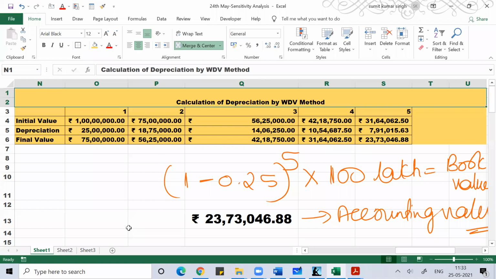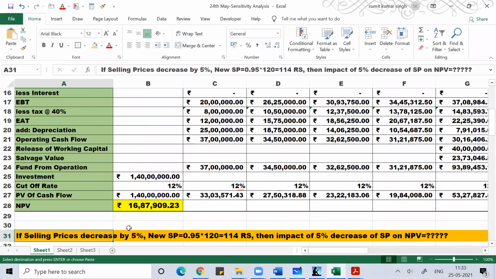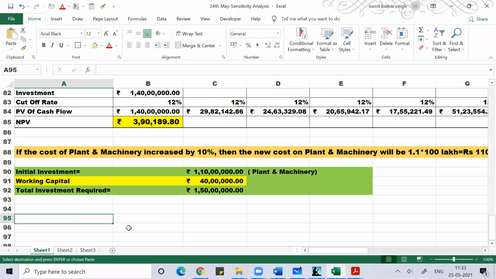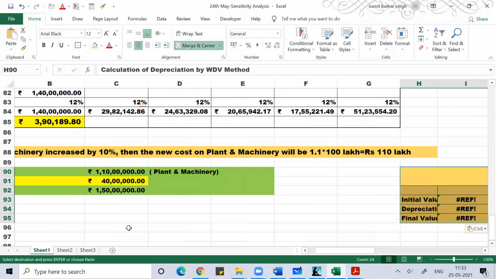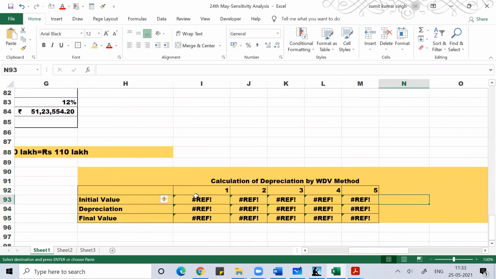You have to make it again. Copy that. I have to make this table again. If I make this again, you are getting this error. Excel-wise, you don't have to worry.